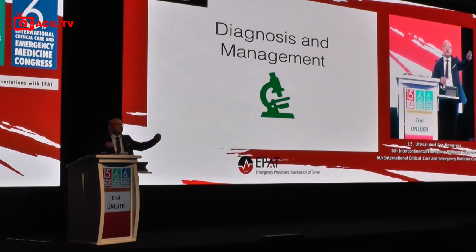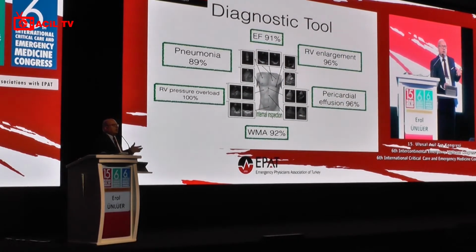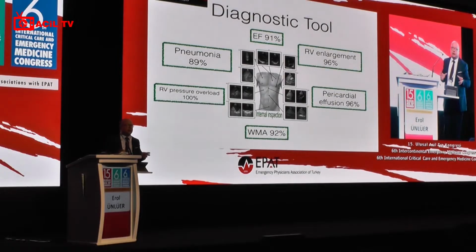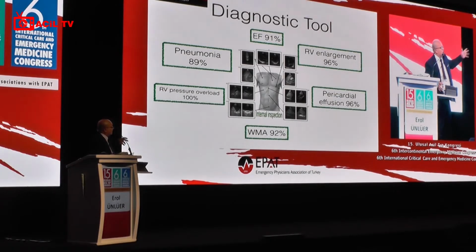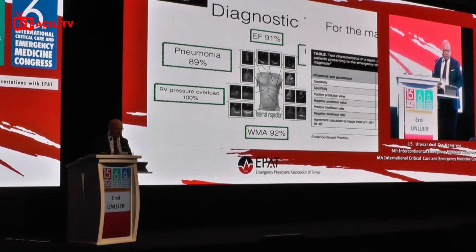So after the percussion, palpation, and auscultation steps, the next step is the diagnosis and management of your patient. And we can use our ultrasound machine in this area in a lot of applications. For example, diagnosis of pneumonia, low ejection fraction, RV enlargement, pericardial effusion, wall motion abnormality, and also RV pressure overload.